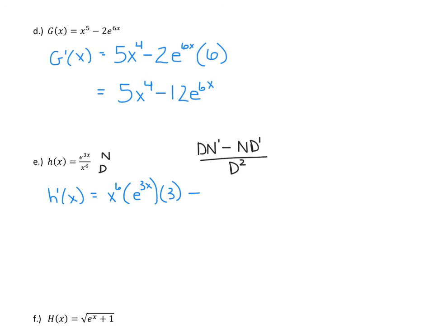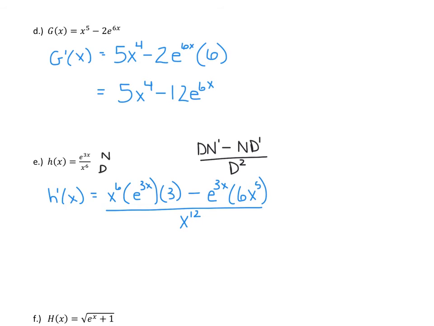Minus, now the numerator, which is e to the 3x, times the derivative of the denominator. So the derivative of x to the 6th is 6x to the 5th. And then that's all divided by the denominator squared. When we take x to the 6th and square it, we get x to the 12th.